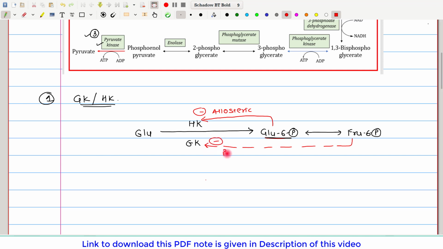So this inhibition is indirect. Whereas glucose, which is the substrate of glucokinase, indirectly stimulates glucokinase. So this stimulation is also indirect. Now why have I written indirect over here? How actually does fructose 6-phosphate inhibit glucokinase and glucose stimulate glucokinase? Let's see.